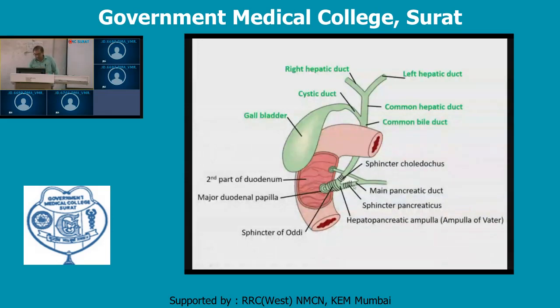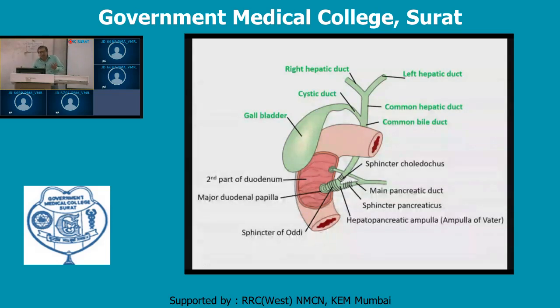Now, this common bile duct, after coursing these three, the last part is the intraduodenal part. Now here one can see one more duct comes, that is the main pancreatic duct. This pancreatic duct also expels the pancreatic exocrine secretion into the duodenum.